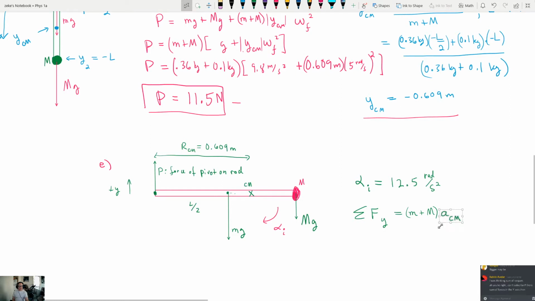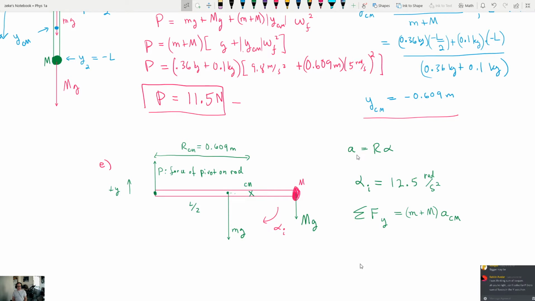Now the acceleration of the center of mass is kind of similar, because we know what the angular acceleration is initially, and we can relate the acceleration of the center of mass to the angular acceleration by using this equation. Basically, a is equal to r times alpha.